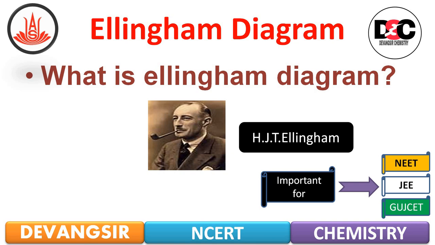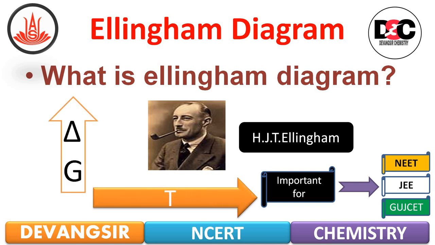The name of the scientist who introduced this diagram for the first time is H.J.T. Ellingham. He drew a graph with delta G, the Gibbs free energy, on the y-axis and temperature on the x-axis, which you can see here. So it is a graph of delta G versus T, and that is the Ellingham diagram.